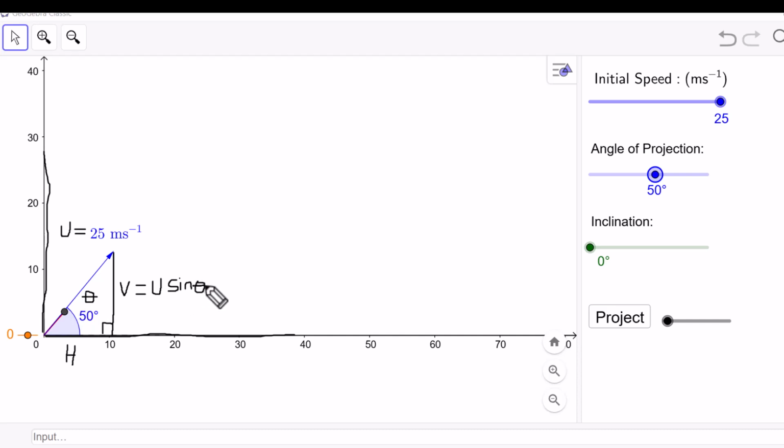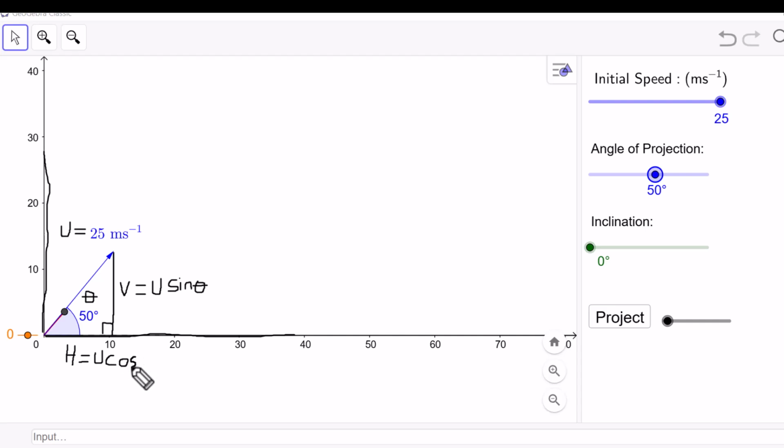So our vertical component is u sine theta. Then the horizontal component is going to be what now? So this is the adjacent side, adjacent over hypotenuse. So this is going to be cos. So this is going to be u cos theta. So remember that.